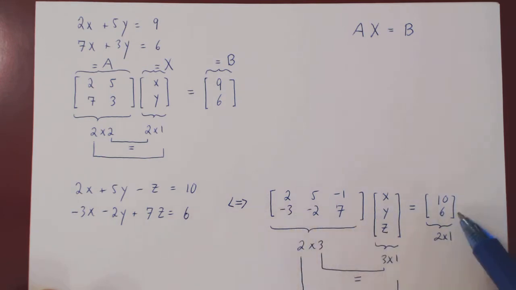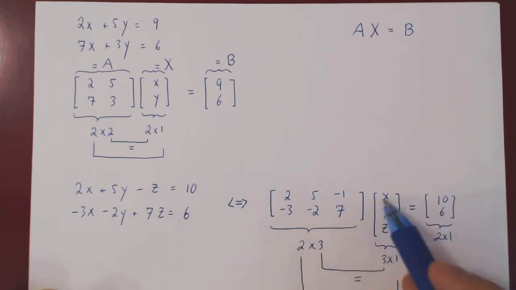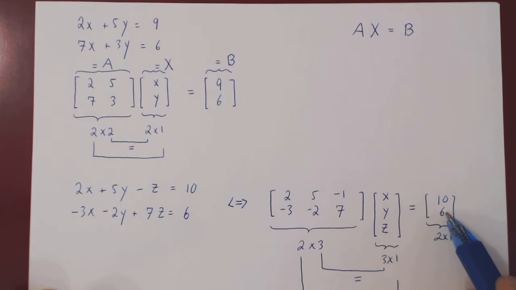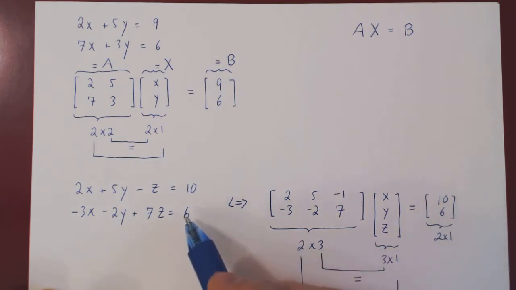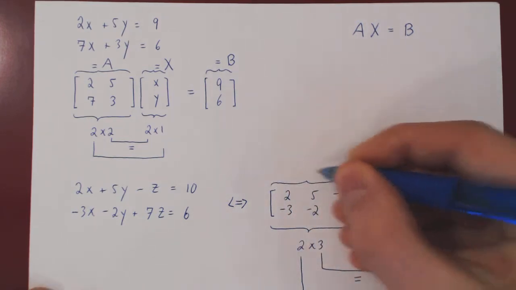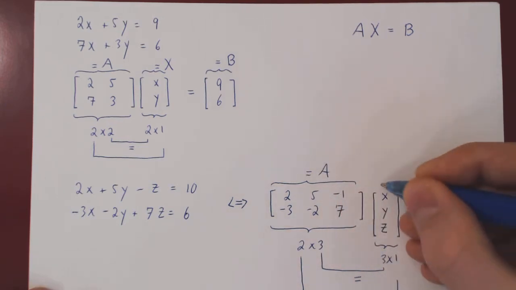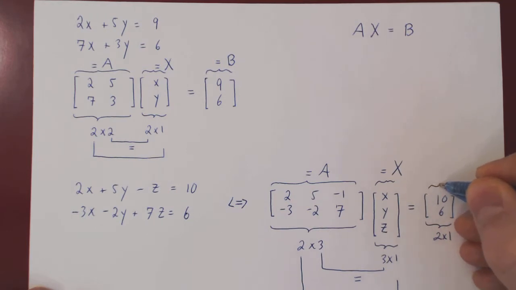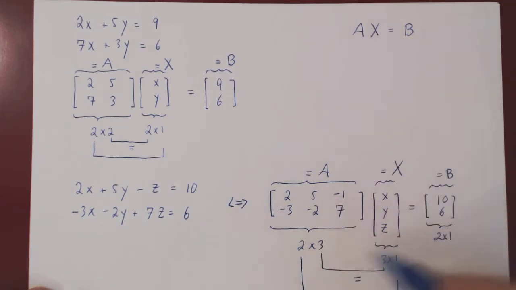Second row will give us the second entry, negative 3x plus negative 2y plus 7z, check, and this must equal the second entry, which is 6. So it is working out. So here's the matrix A. Here's the column matrix of variables, uppercase X, and the column of constants, uppercase B. So it does work out.